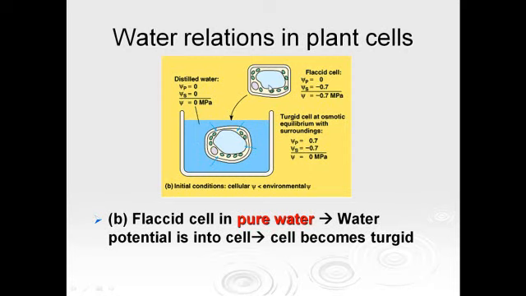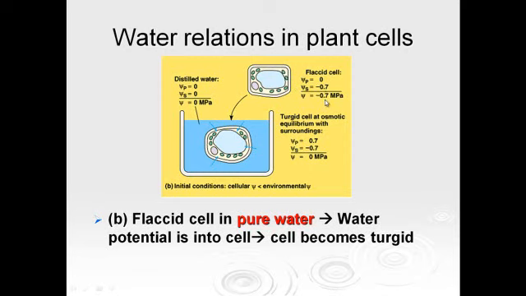Now, the plant itself is a flaccid plant, which means a lot of the water has already been sucked out of the plant. It's drying or something like that, and so it's flaccid. It's limp. Pressure potential is 0. The solute potential, it's been calculated for you, is a negative 0.7.